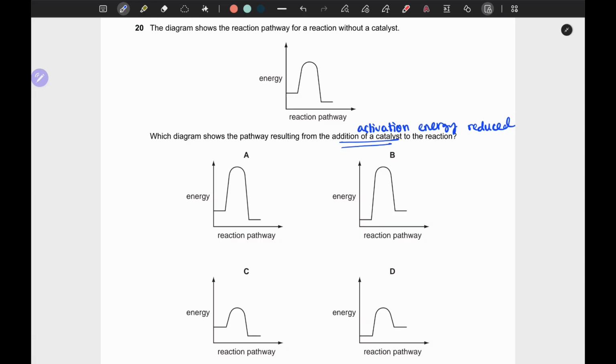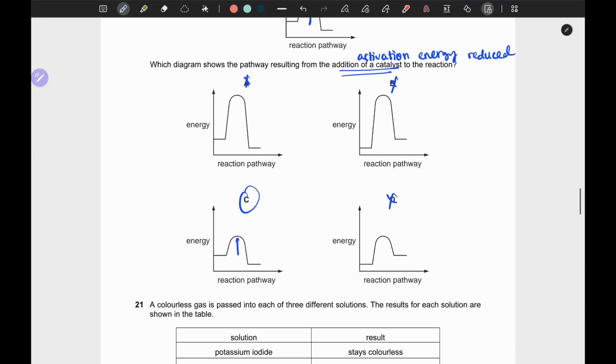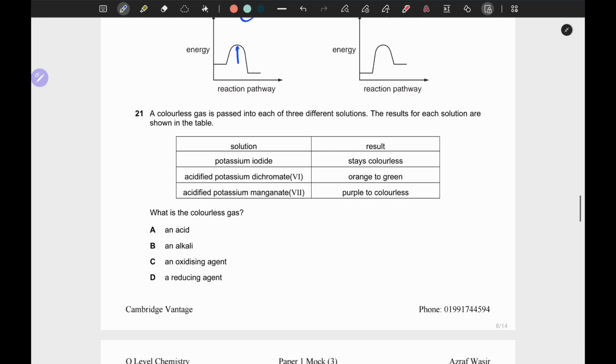So if you look at our options, A has an increased activation energy, that doesn't work. B has also changed the enthalpy change, so that doesn't work. C has a lower activation energy, so C works. And D again has changed the enthalpy change, so D doesn't work.